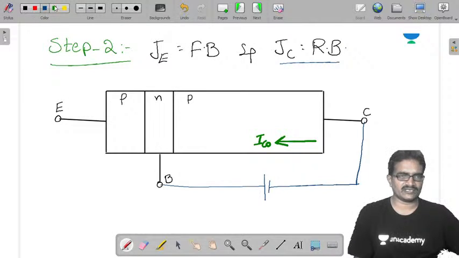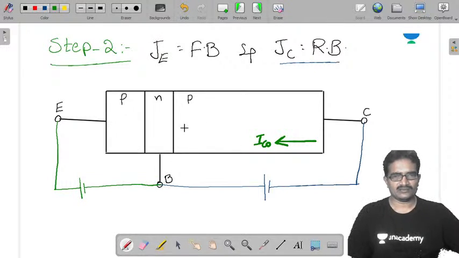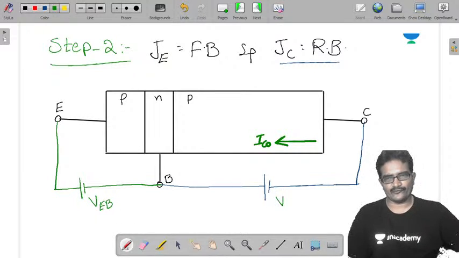So I am connecting this one in forward bias. Forward bias means P connected to the positive terminal of the battery and N connected to the negative terminal of the battery. This voltage is VEB and this is VBC.